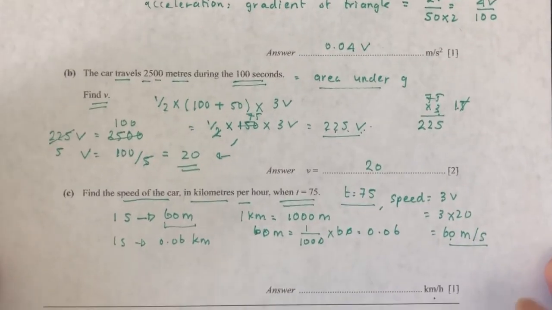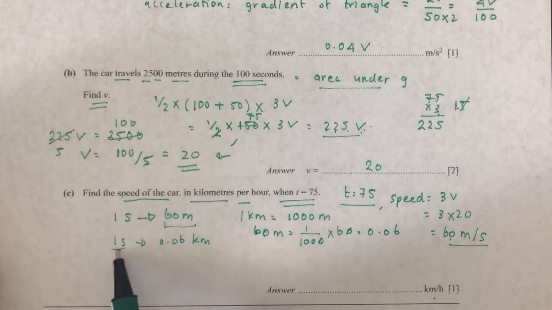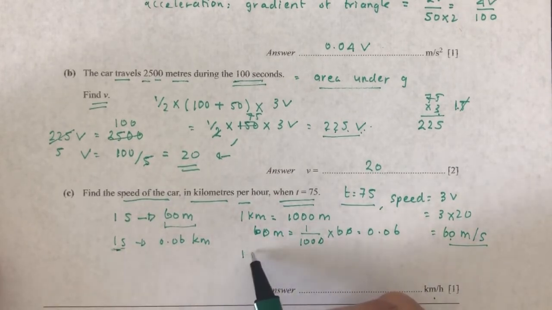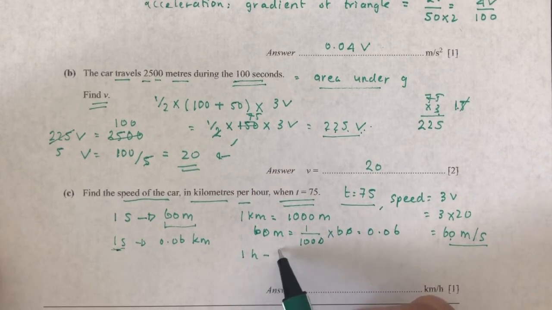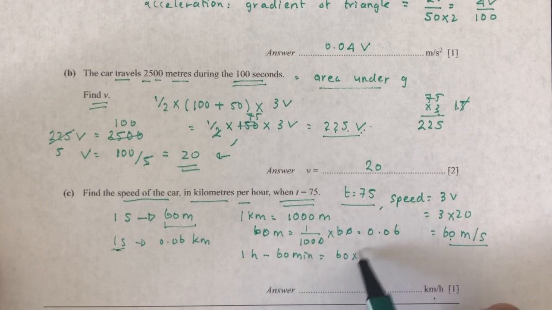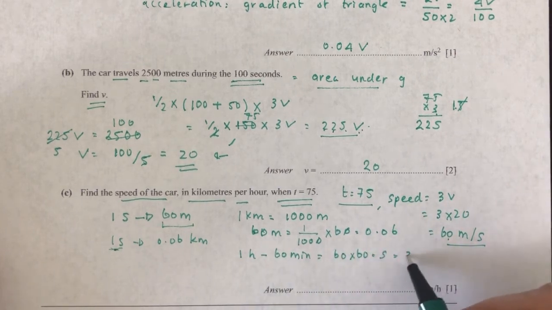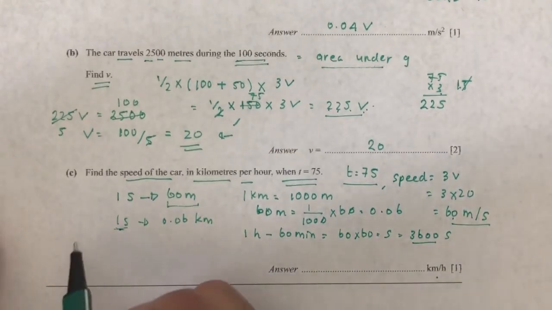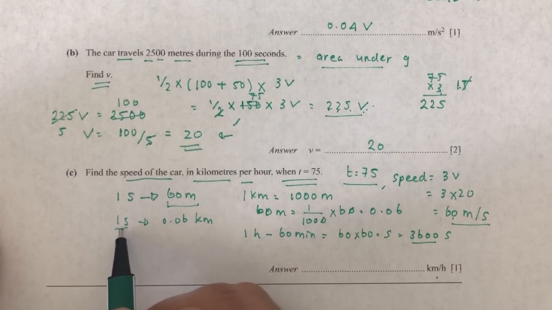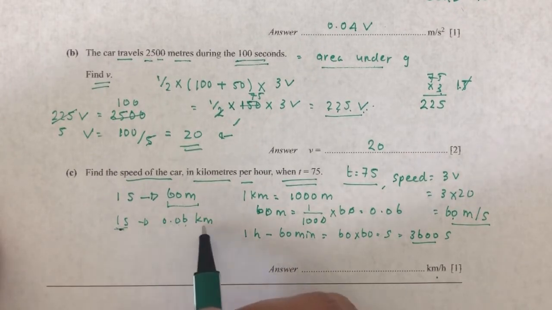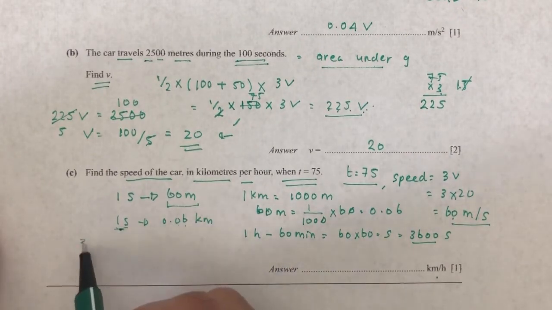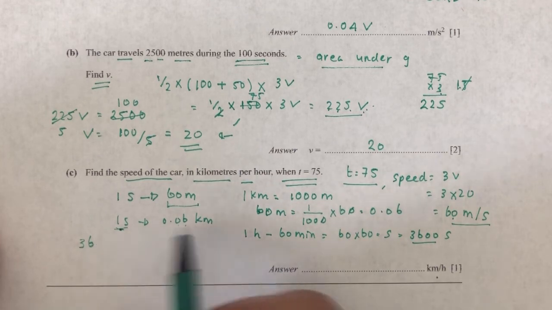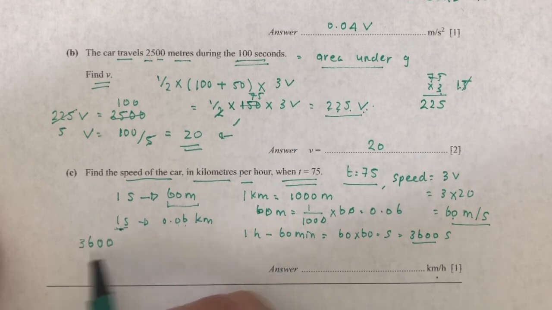So now we have to change this time. 1 hour equal to 60 minutes, which is equal to 60 times 60 seconds, which is 3600 seconds. So in 1 second we travel 0.06 kilometers. Now we have to find how much we travel in 3600 seconds.